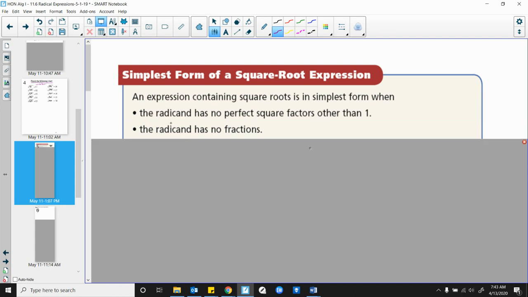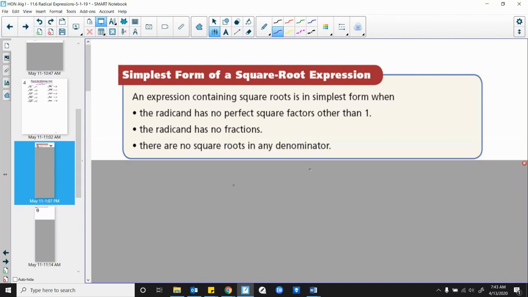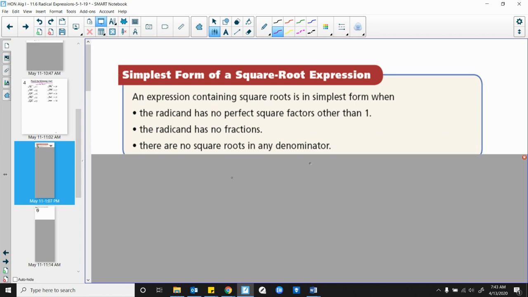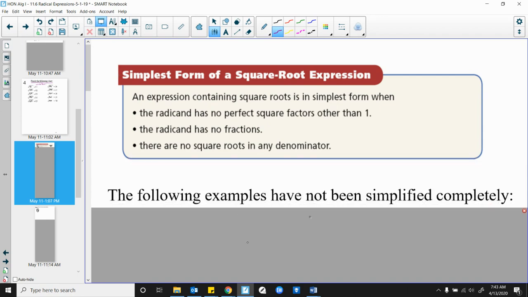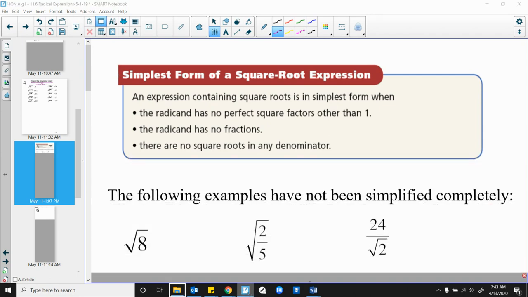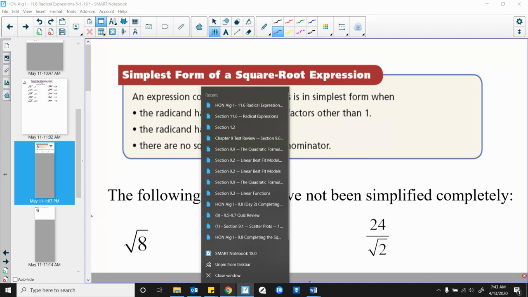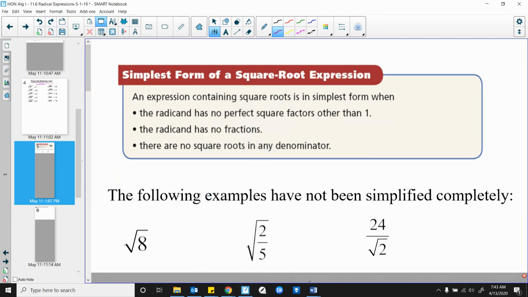Remember, the radicand was what was underneath the square root. And there are no square roots in any denominators. And you're going to see a lot of what that means here soon. And then these are just some examples of ones that are not simplified completely.